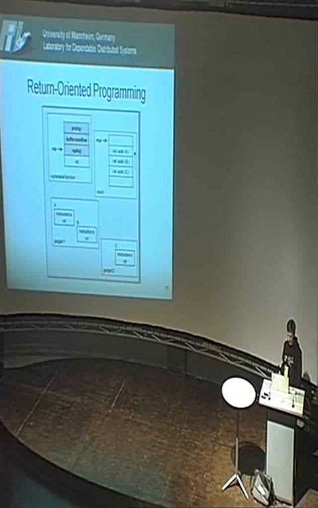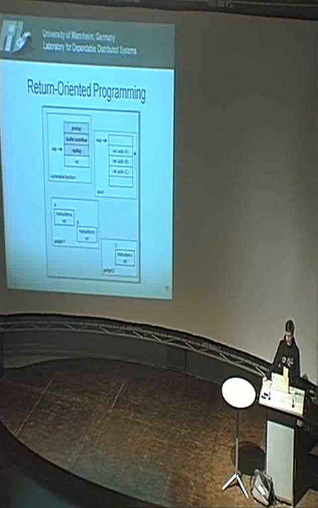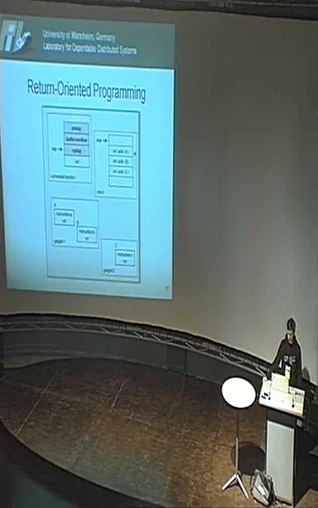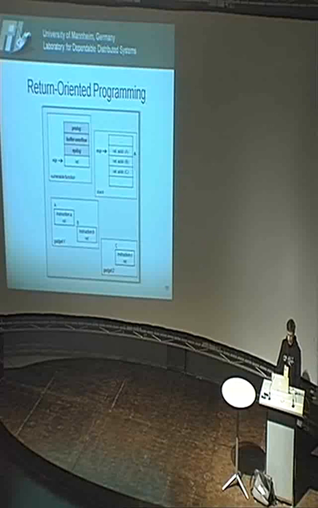Since we can override, let's say, arbitrary information on the stack, in this case, we overrode the return pointer of the subroutine call, which now points to the instruction sequence A. So this is the memory address of this instruction sequence here. And this is the memory address of this instruction sequence, and so on. Until the vulnerable function returns, nothing happens.